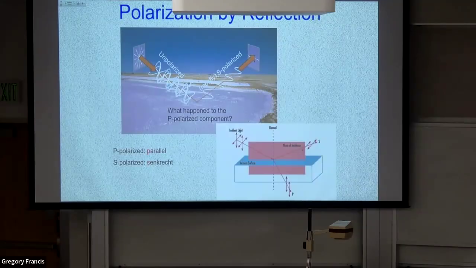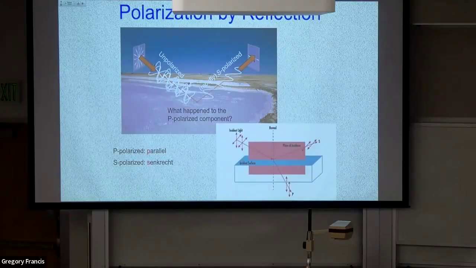It's perpendicular to the plane of incidence, but it's also parallel to the surface of the lake. Okay, and that's the way I think of it, is when it comes skipping off, sometimes the S polarization is kind of casually called the skipping off component, skipping off the water. Okay, that's what you get into your eyeball.